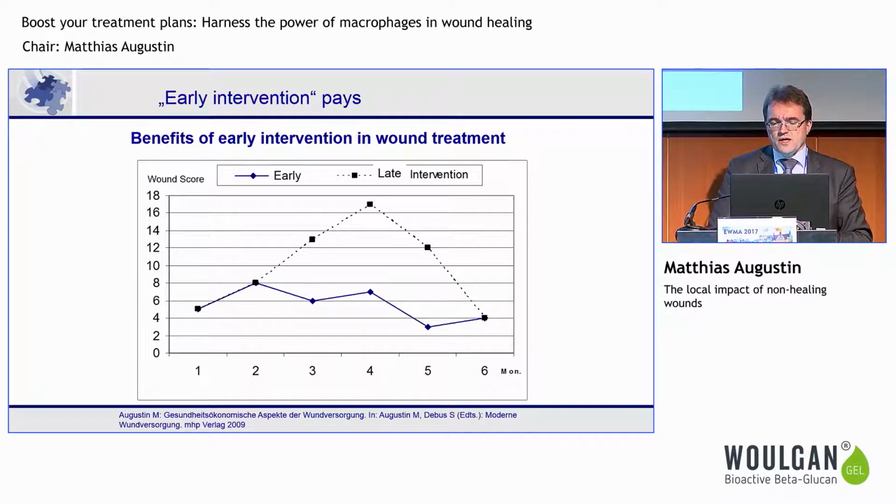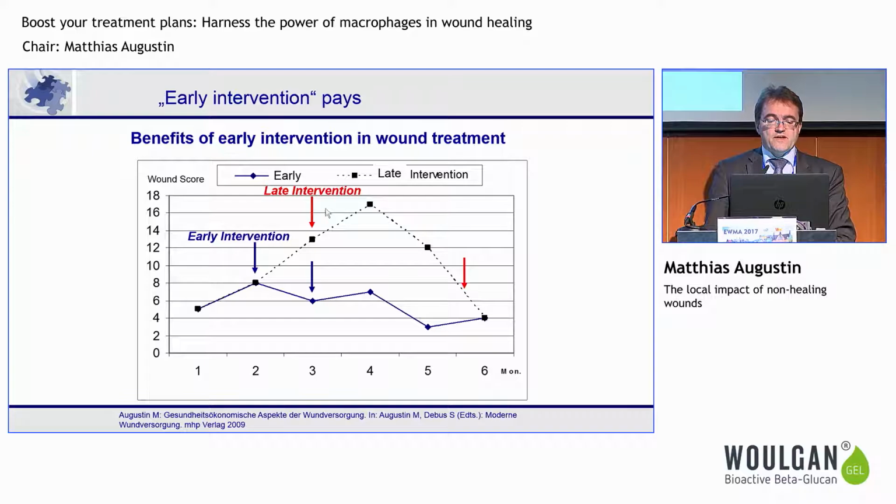alert when patients come with upcoming wounds or with conditions at risk of getting a wound, like severe edema or arterial occlusive disease, which may not result in a wound yet, but the risk is there. And at this point, we need to react early.